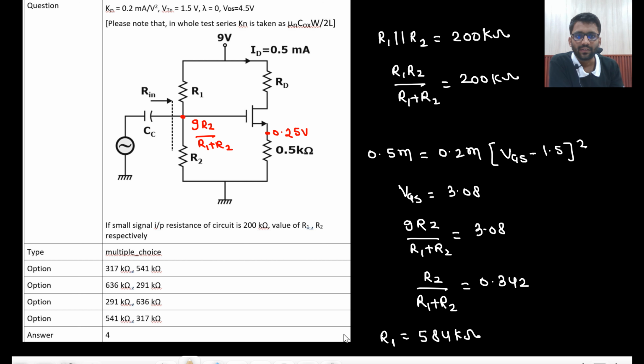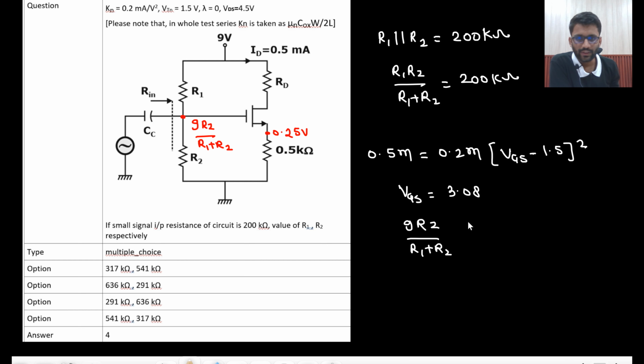Then 5 by 2 is 2.5, and take 2.5 under root, that is 1.58. I cannot take the minus sign because I need the VGS value. Okay, this is not the VGS value, sorry. This is the VGS value. This value is VGS.